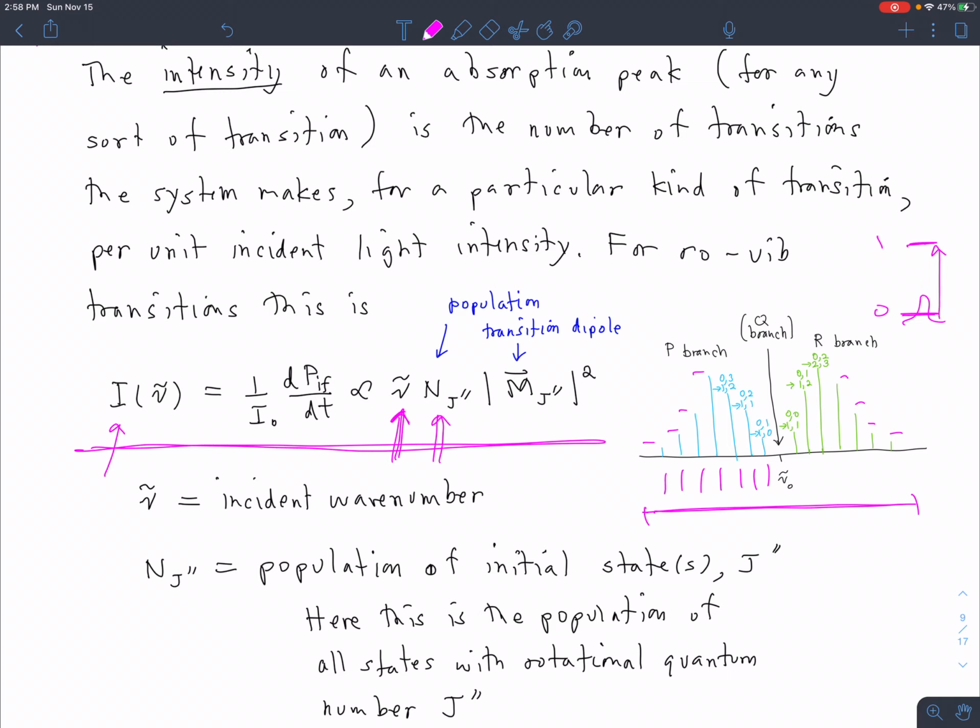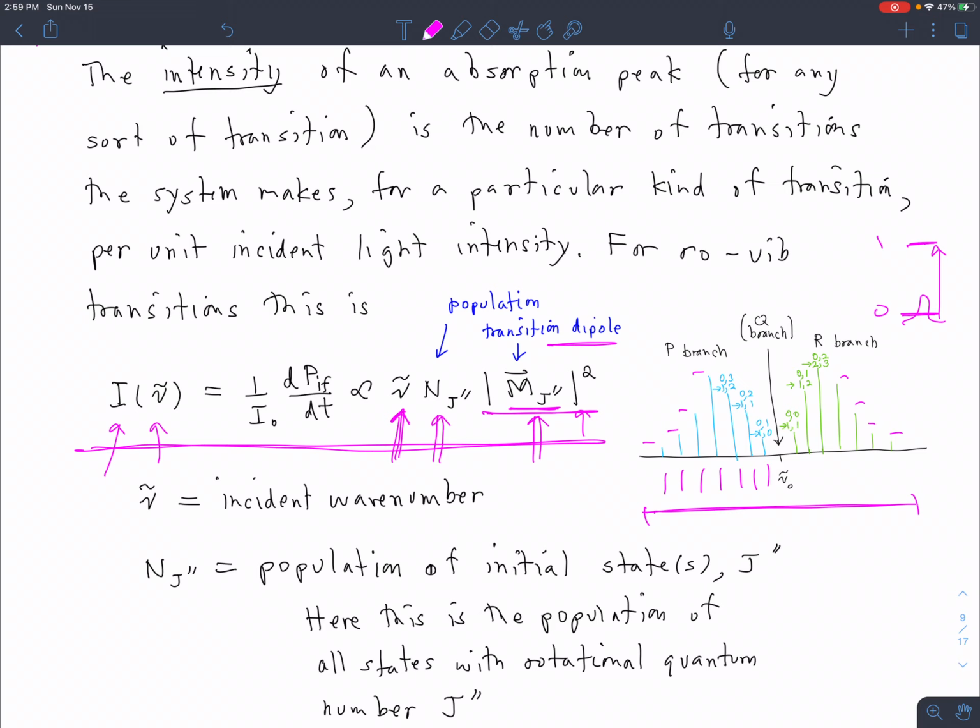The bigger the population, the more molecules are in the ground state, is another way of putting it, the stronger your transition is. That makes sense. And then it's also proportional to this quantity called the transition dipole, or transition dipole moment squared. So the transition dipole moment itself is this quantity, and then you square it to get this factor that controls the intensity.